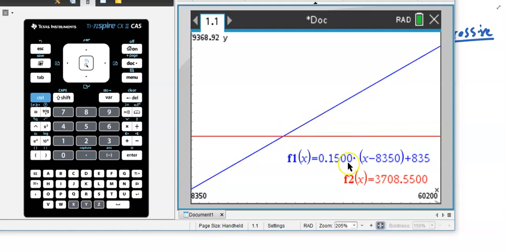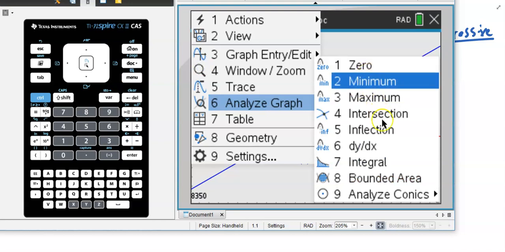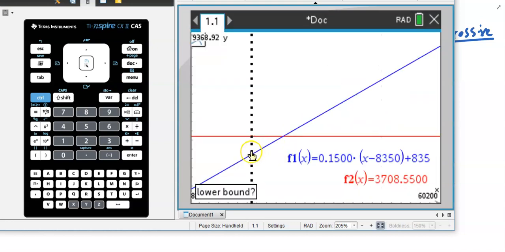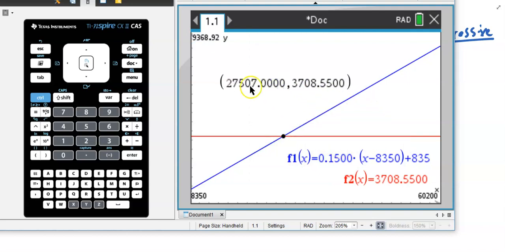We could also subtract 3708.55 from this expression and find the zero, but in order to remain in the window, I think this is a good option here. So we'll analyze the graph and find the intersection of these two, providing a lower boundary and an upper boundary. And evidently, when x is equal to 27,507, then the y value is equal to 3708.55.